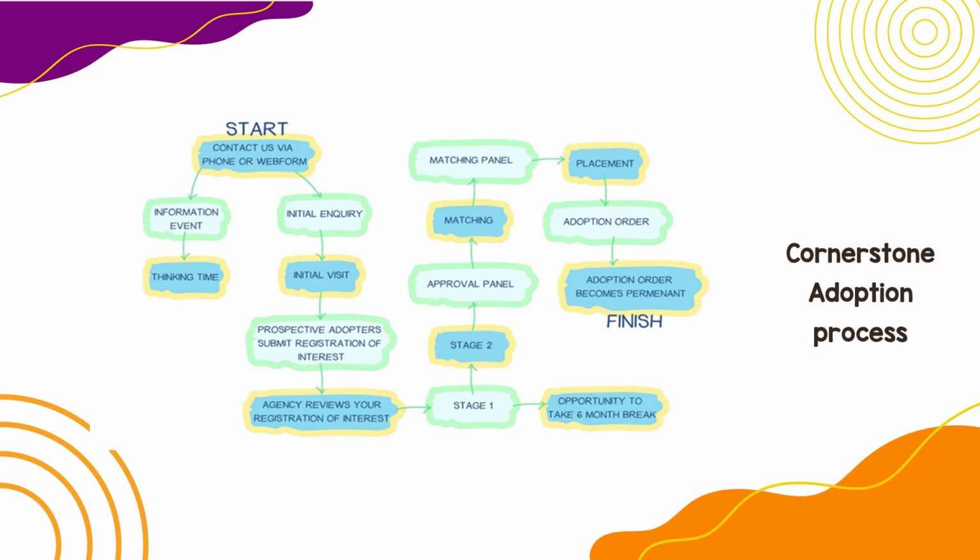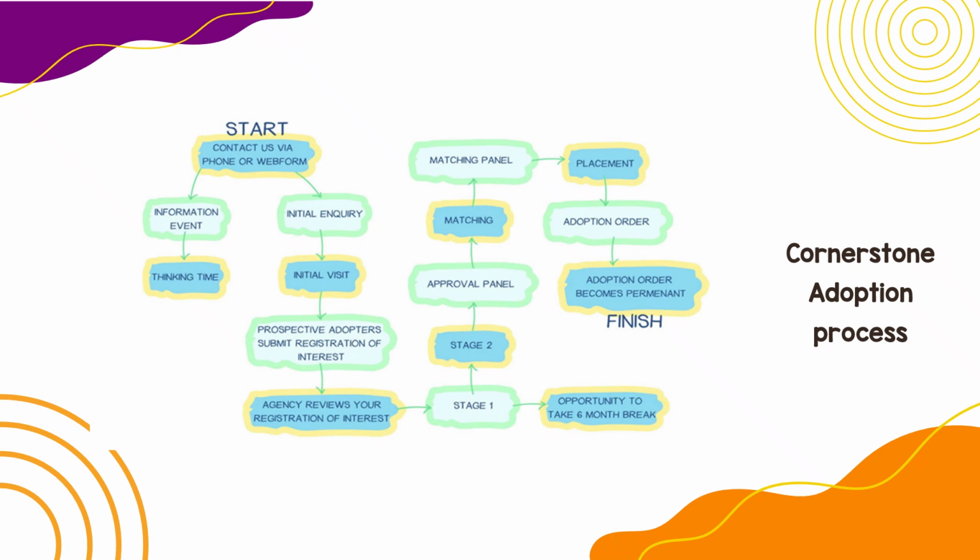Following stage 2, which is the assessment by an assessing social worker, they will then move on to the approval panel, and then there will be matching, which entails actually speaking to regional adoption agencies and or local authorities about potential children who are open and ready for adoption.